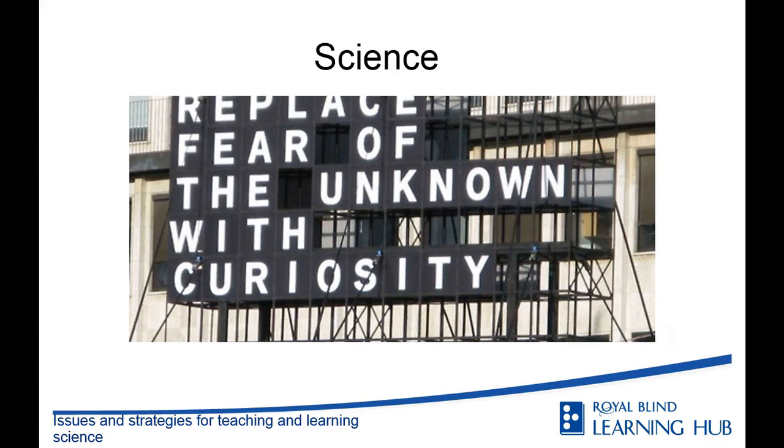Science is all about exploring real objects, real processes, and stimulating curiosity. Through that, we're trying to get a real understanding of how the world works, and that's beneficial for all learners, but particularly our visually impaired learners.